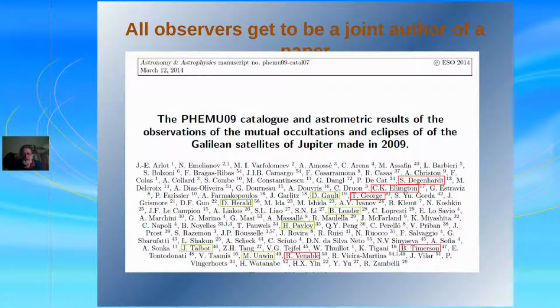If you get involved in this program, the results will get published. This is written by the professionals at Paris Observatory, but all the observers get listed as joint authors. On this slide, I've indicated the North American observers in red boxes and the Australasian observers in green boxes.